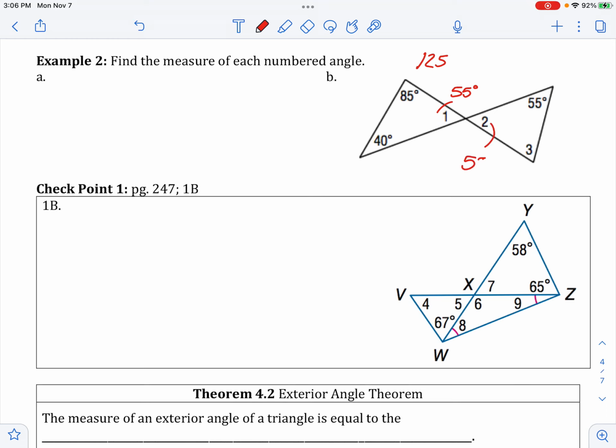Okay, so 2 should be 55 because those are vertical, and then you got 110, which means that angle 3 should be 70. And if I check my three angles, that should be a scalene triangle, and this, because you have two of the same measure, should be isosceles.